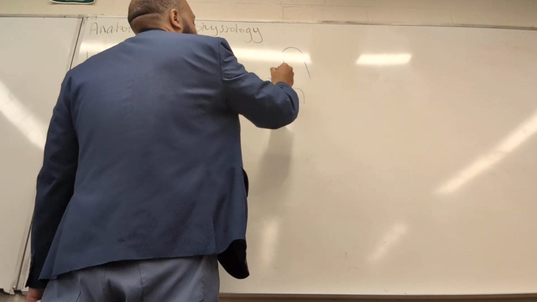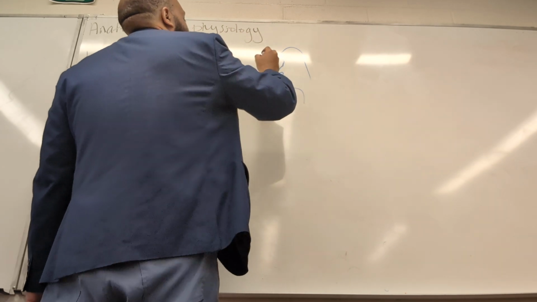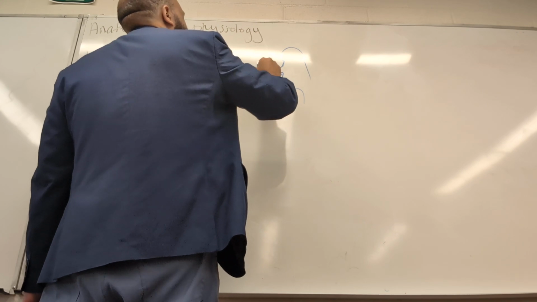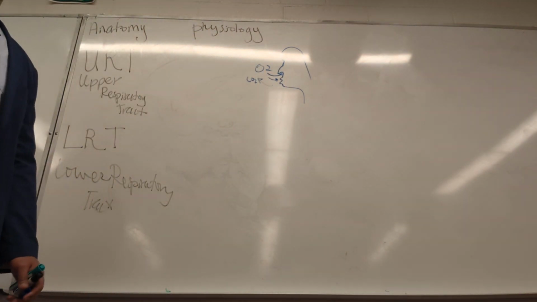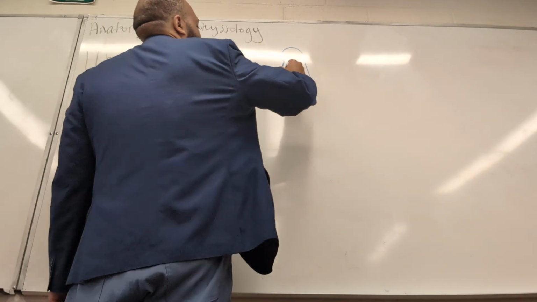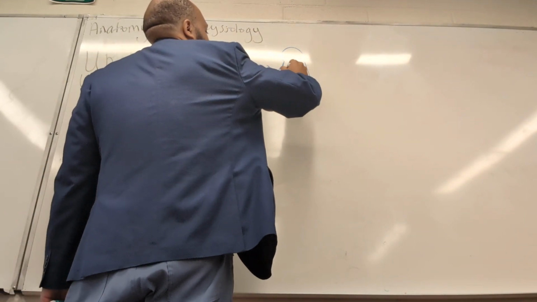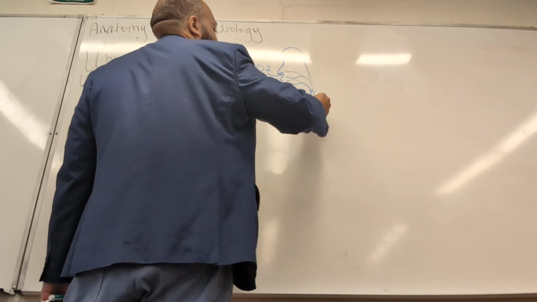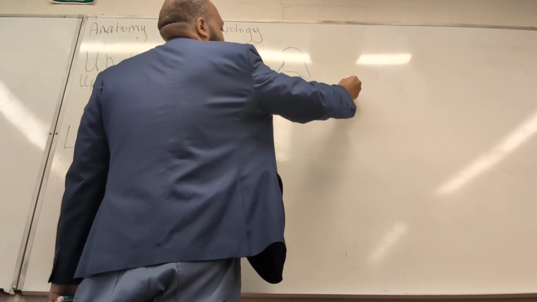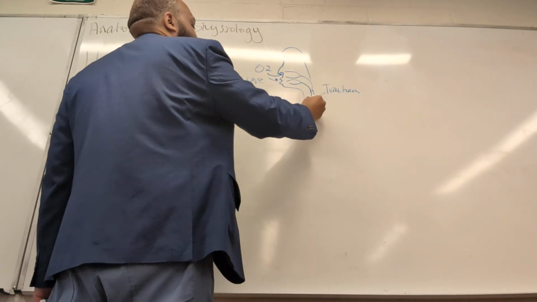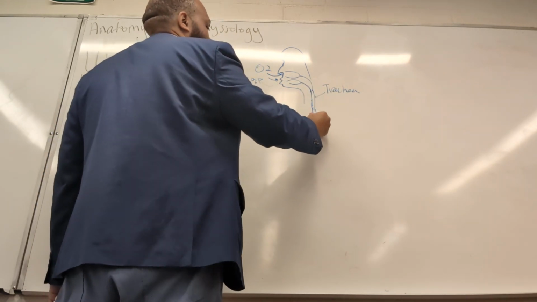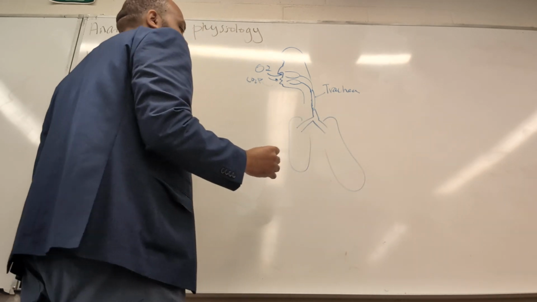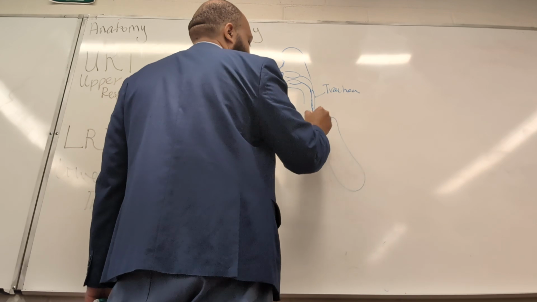Extends from the oral cavity, the inlet, and the nasal cavity, the inlet of oxygen, and also the site where carbon dioxide gets out through your mouth and through your nose. So it begins from here, then it goes through the nasal cavity and the oral cavity, then through your trachea, and then from the trachea you go into your lungs, and the lungs are divided into different lobes.